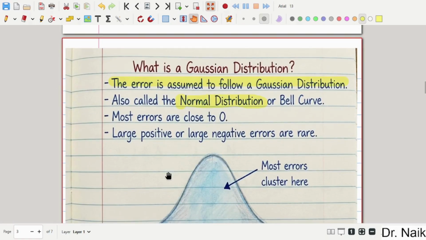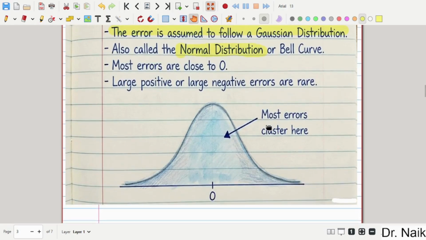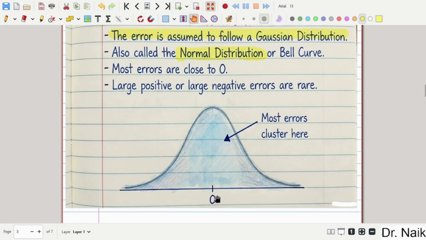The error is assumed to follow the Gaussian distribution. Gaussian distribution is also called the normal distribution, and it is a bell-shaped curve. Most of the errors are close to 0. The large positive or large negative errors are rare.